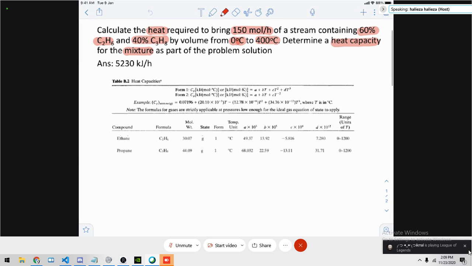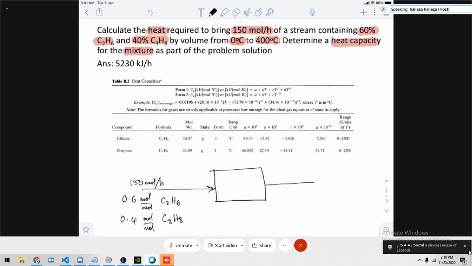Now we have this example. Let's draw the diagram. The first step is to draw the diagram. We have an open system whereby you have a stream that contains two components, 150 mole per hour, 0.6 mole per mole of ethane, and the rest, 0.4 mole per mole, of propane.